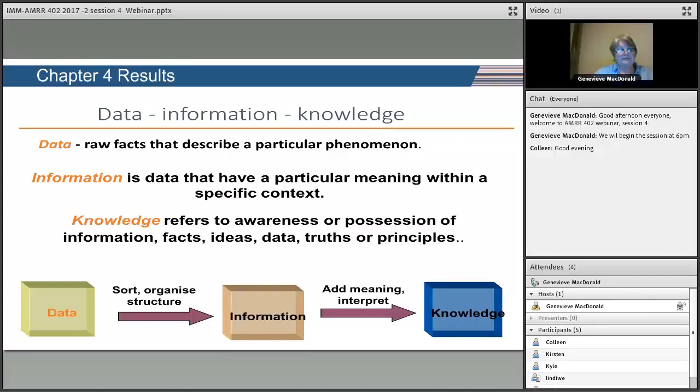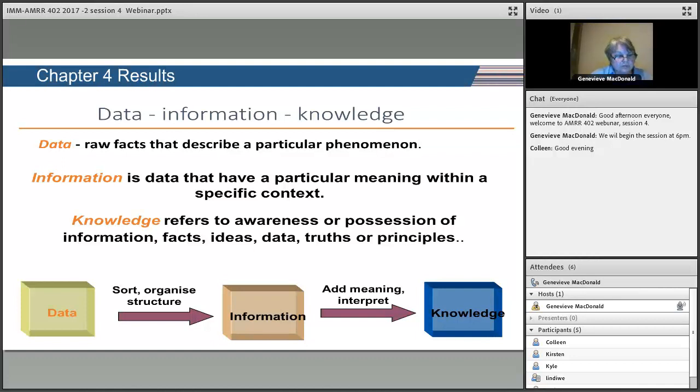And knowledge then refers to your value adding to that information, where you actually add the context, your understanding of the specific research problem as you identified it in Chapter 1, and then discuss it and reflect upon what these data information is telling you about the specific objective and about the specific marketing problem that you identified initially.